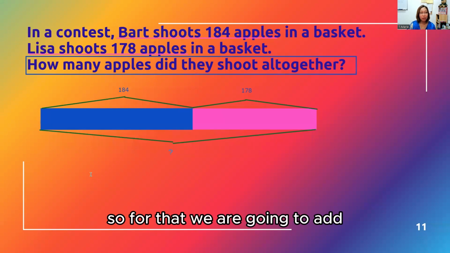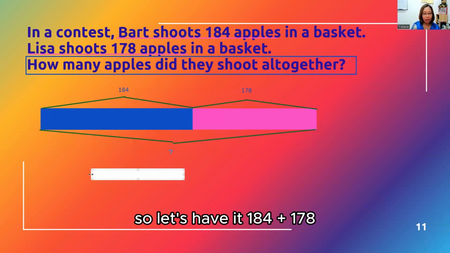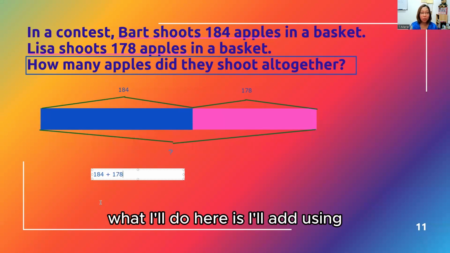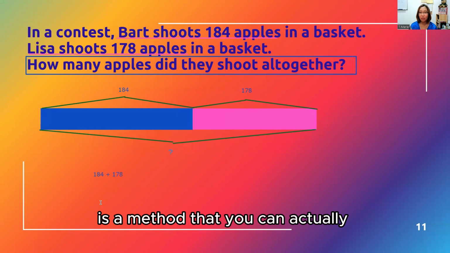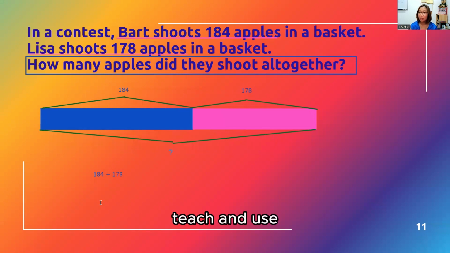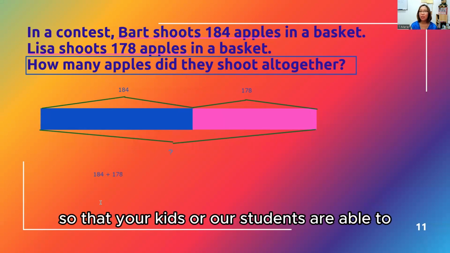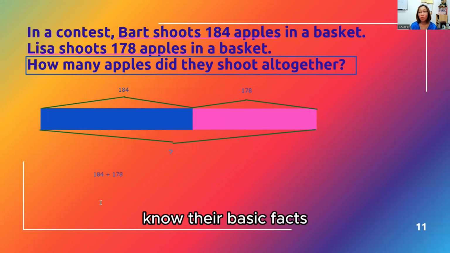So for that, we are going to add. So let's have 184 plus 178. What I'll do here is I'll add using the number bonds method. The number bonds method is a method that you can actually teach and use so that your kids or our students are able to know their basic facts really well.